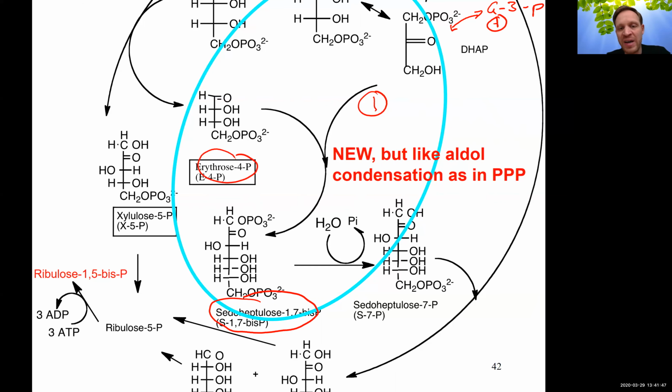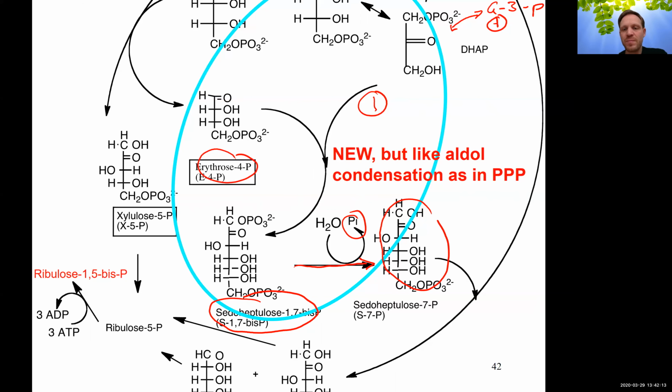So it's a bisphosphate in this case because we are bringing in 2 phosphates, erythrose phosphate and DHAP. That's the difference to what we have seen in the PPP. But we can use another phosphatase here, dephosphorylating the bisphosphate at carbon 1. You're now coming to your PPP intermediate, your pseudoheptulose 7-phosphate.